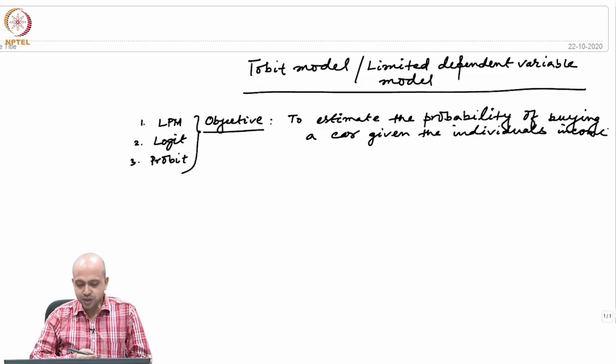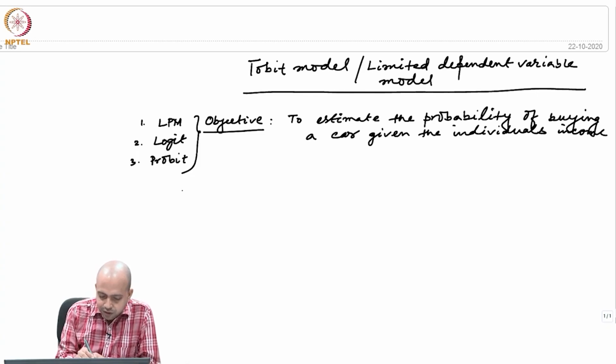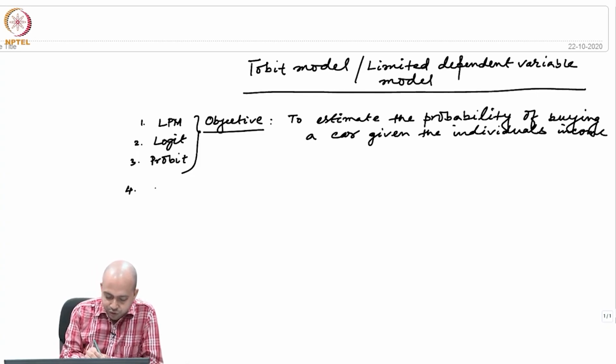So, what is our objective in the Tobit model?